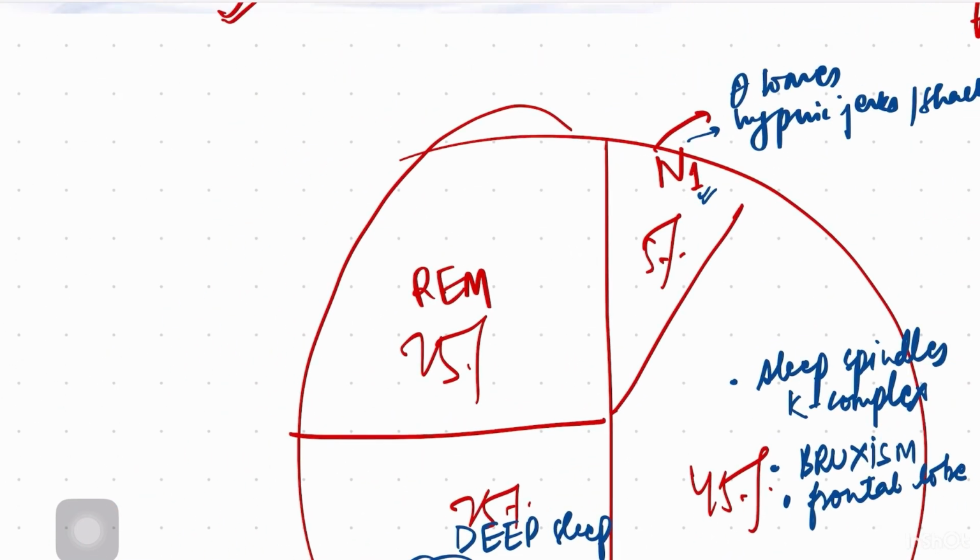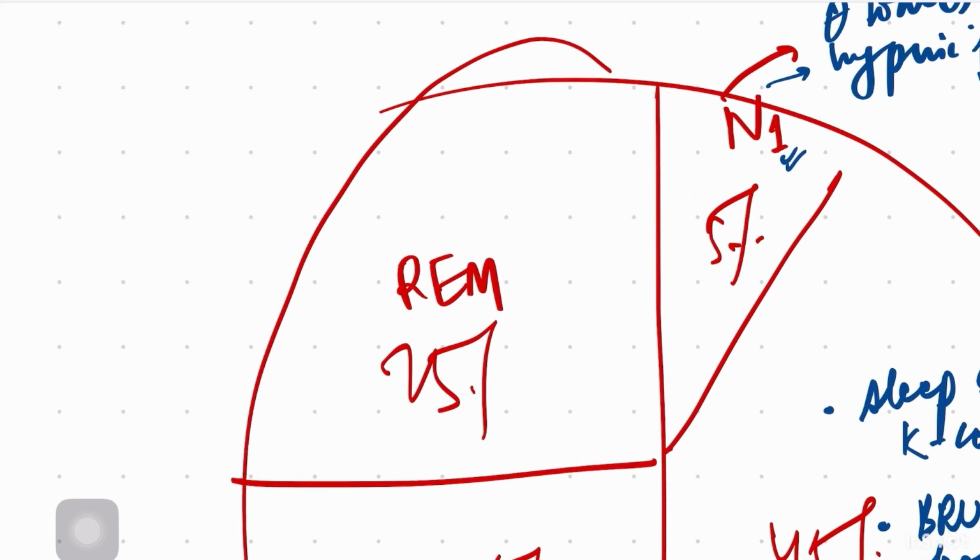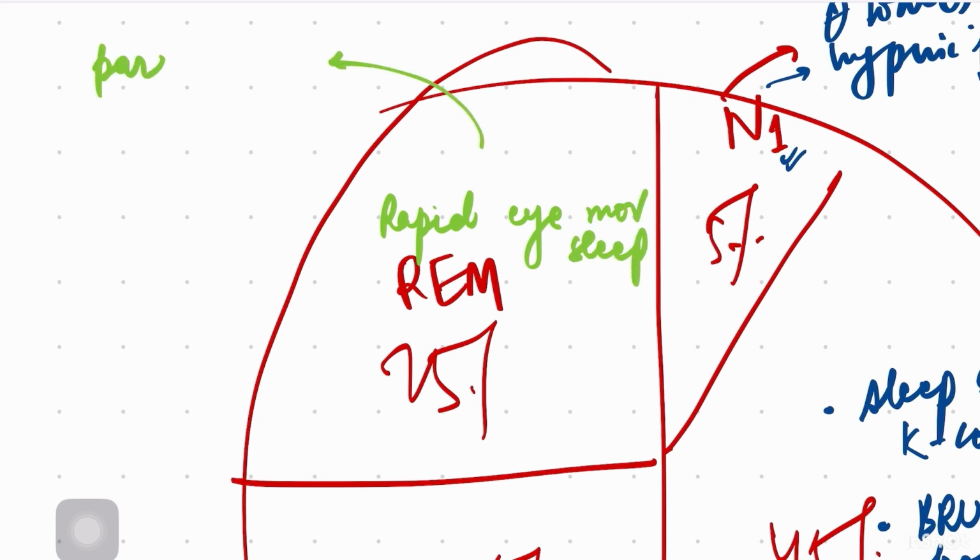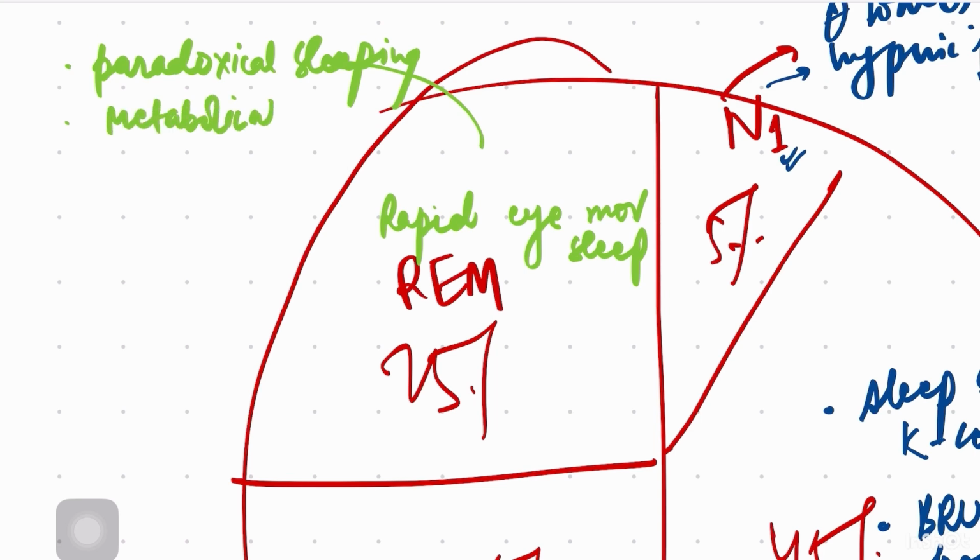Let's go into REM, which is rapid eye movement sleep. Now this is the full form, rapid eye movement sleep. So this is known as paradoxical sleeping because your eyes are moving. Your brain would be metabolically very active.